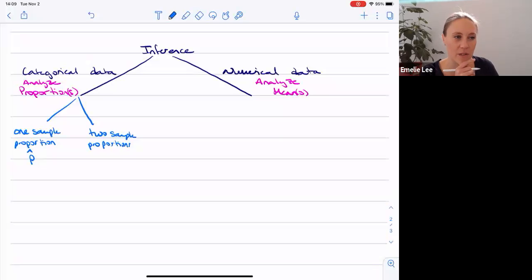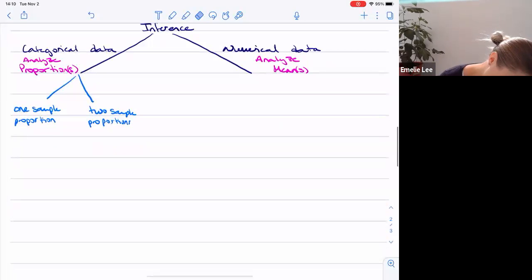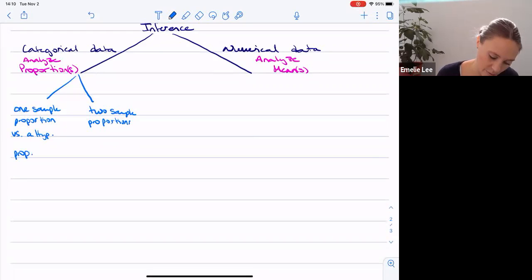Maybe I shouldn't have the p hat there, because of course p hat is a sample proportion. But let's just stick to this. So one sample proportion versus a hypothesized proportion.